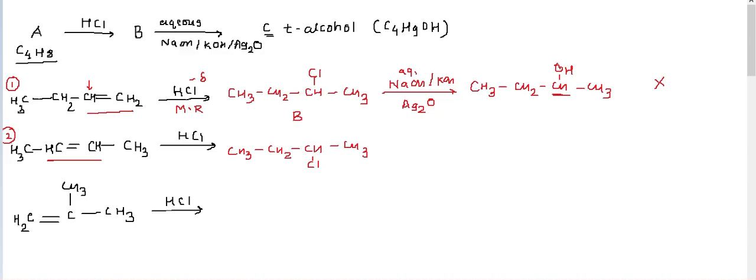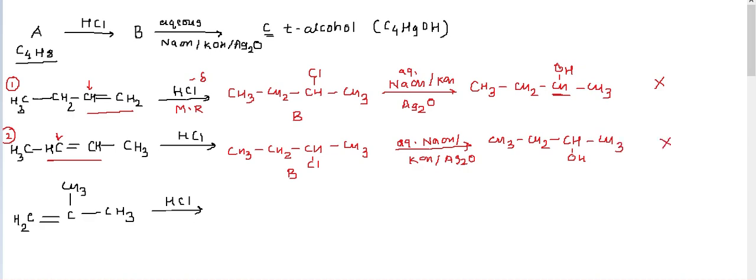If you do vice versa, meaning you add Cl to the other carbon and hydrogen to this carbon, we will end up with the same product. Okay, so we will get CH3, CH2, CHOH and CH3. So this is also a secondary alcohol, so we will not get this product. So this is not the starting material.